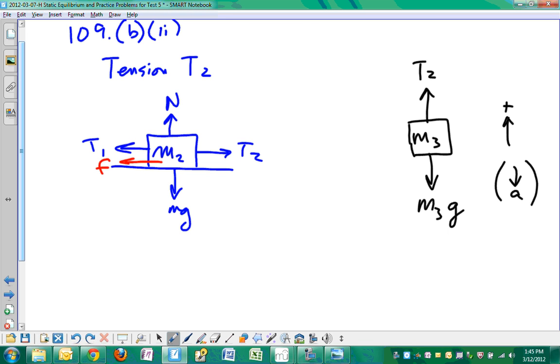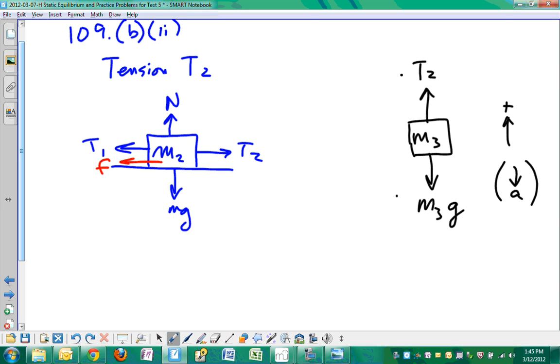Okay, and we have T2 minus M3G, which is what we get the elevator equation from. That inherently means then up is positive, right? We could turn the system upside down and say downward is positive, but then we get T2, then we get M3 times the quantity G minus A. We put in a positive acceleration.